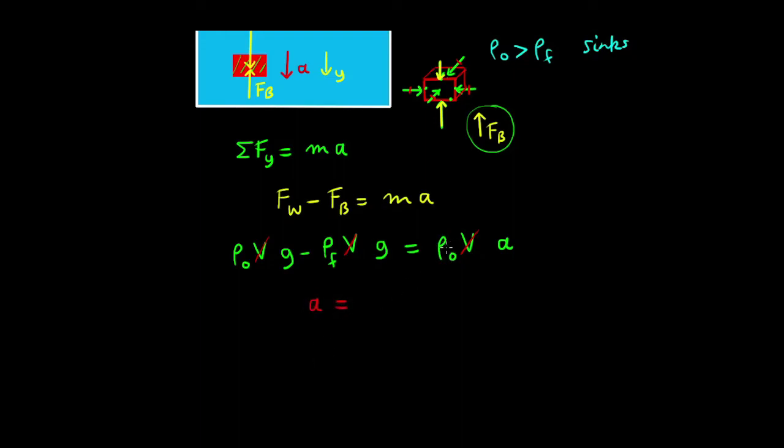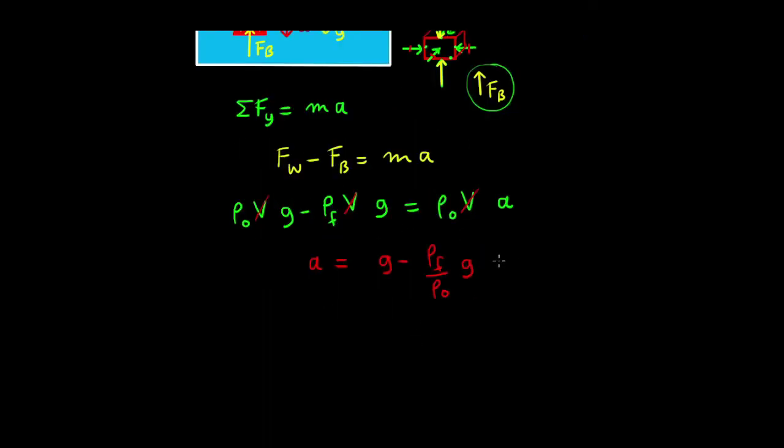Dividing through by the density of the object, what we get is g minus the density of the fluid on the density of the object multiplied by g. So that's equal to the gravitational acceleration by 1 minus the density of the fluid on the density of the object.